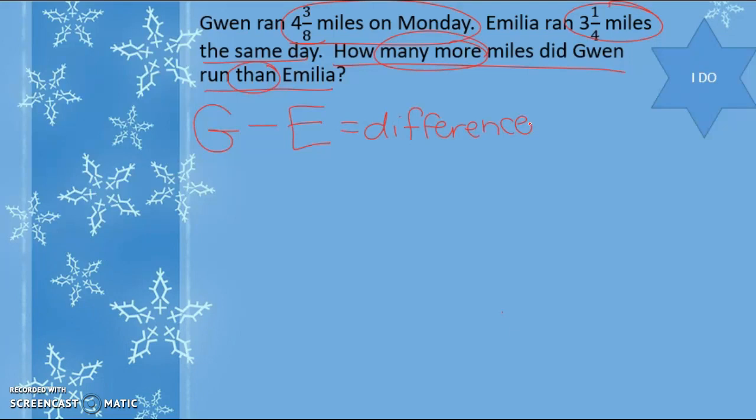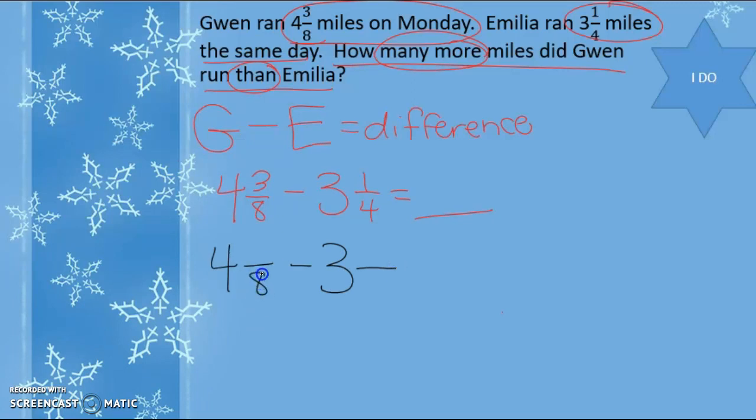Now that I know how to set up my equation, now I'm going to use the numbers. 4 3/8 minus 3 1/4 equals blank, because we don't know. What we need to do is make sure that our fractions have common denominators. So step 1 is to find a common denominator.